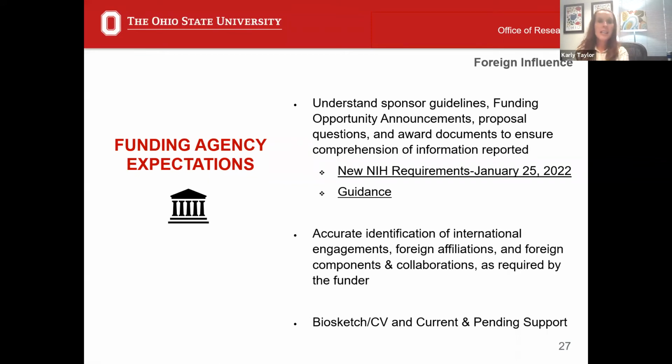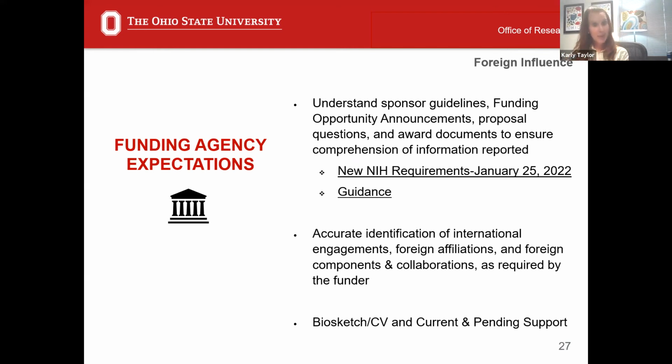So again, we really encourage investigators to make sure that you're understanding what you need to do for a particular sponsor. We get it that this sponsor requires this and that sponsor requires that, and that they're sometimes not aligned.